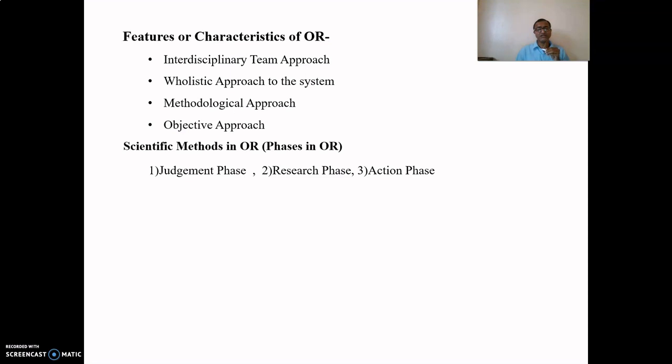That is the research phase. Then once you find a particular method or steps or logic that gives the optimum results, that tool will be used and executed continuously. That is the action phase, or the implementation phase.